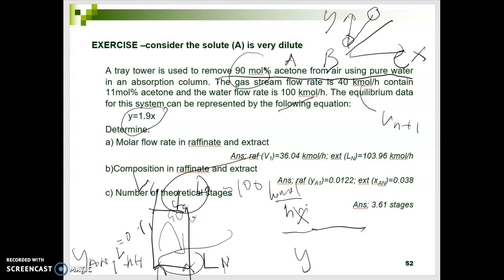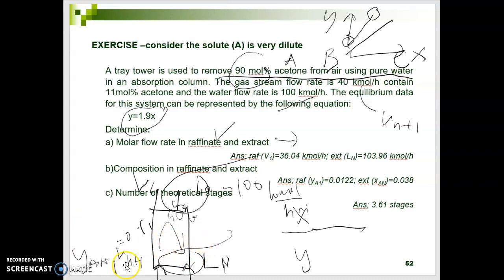How you obtain the molar flow rates of raffinate and extract is from the mass balance calculations. If you have all the compositions, you can put them in the component balance calculation. The compositions in extract and raffinate you obtain from the balance calculations you already learned during CPP. And lastly, the stages are obtained from plotting the graph. That's how you calculate the stages.